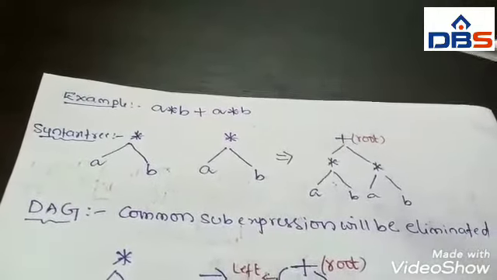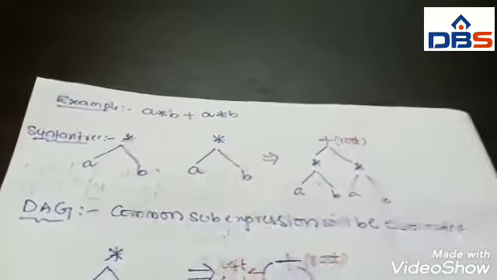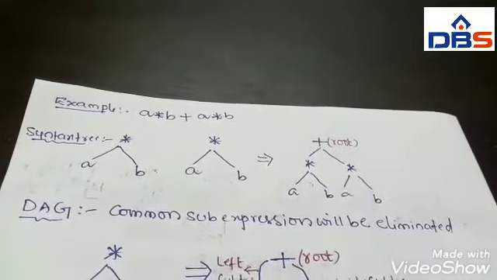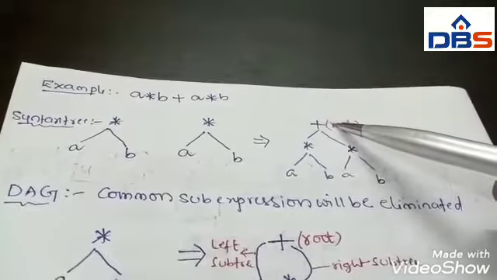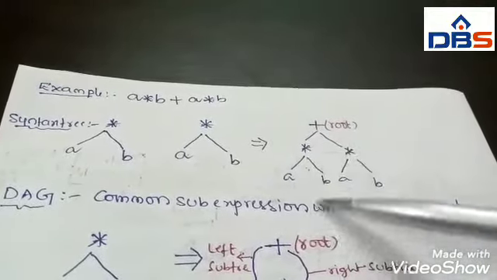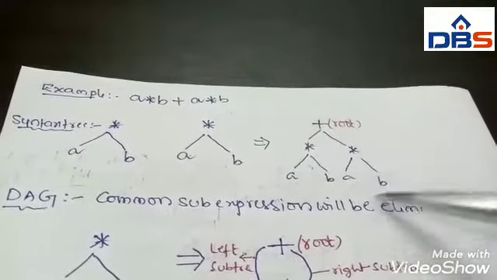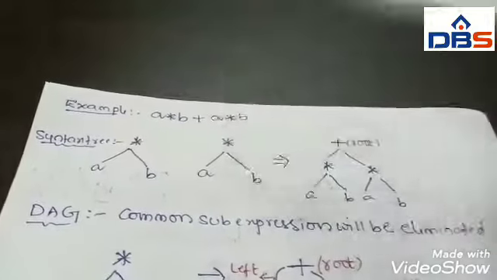All of you know that in the syntax tree, interior nodes are operators and leaf nodes are operands. Then plus is the root node, and this star is the left subtree and this star is the right subtree. So this is the syntax tree for the given expression.